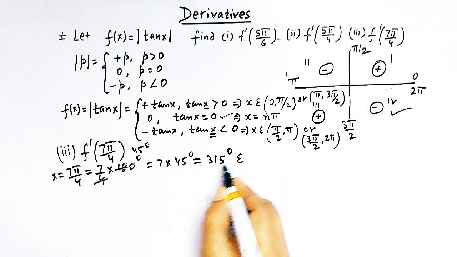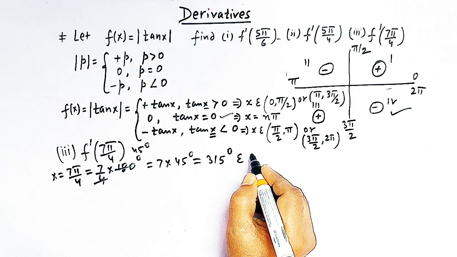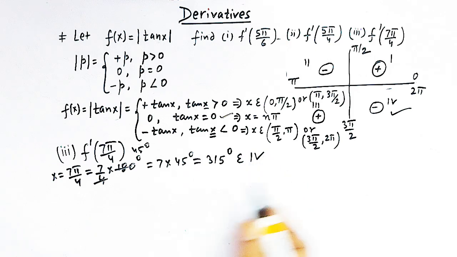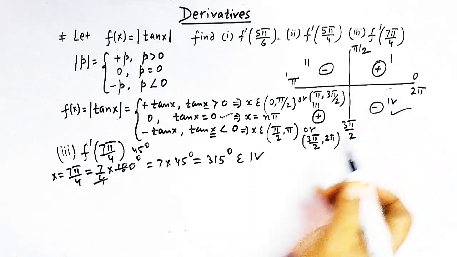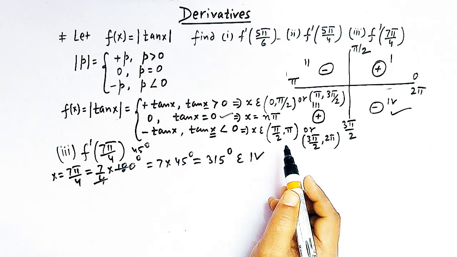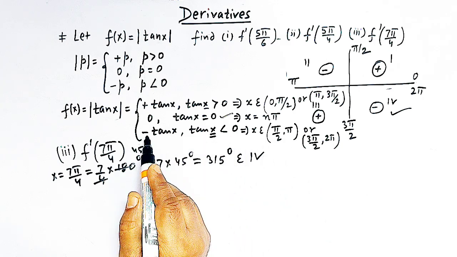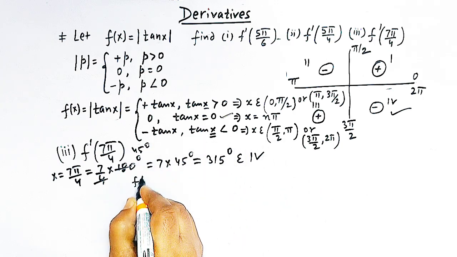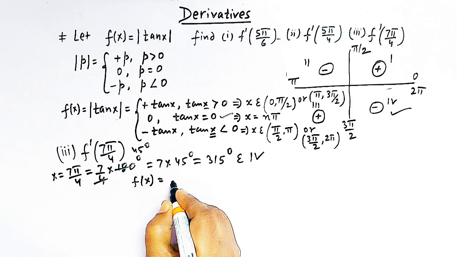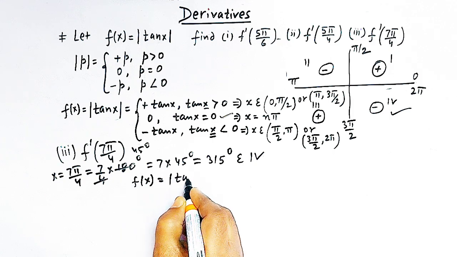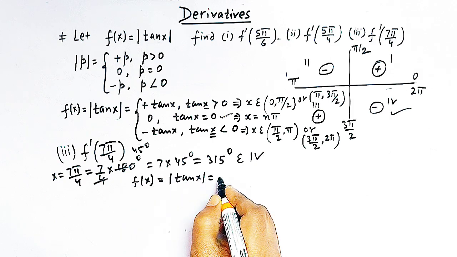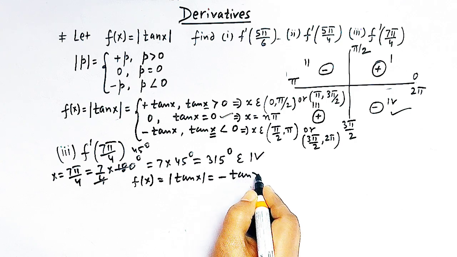So here we have 315 degrees belonging to the fourth quadrant, and in the fourth quadrant the tangent function is negative, right? So we can now write f of x, that is equal to mod of tan x, that is equal to negative tan x, right?